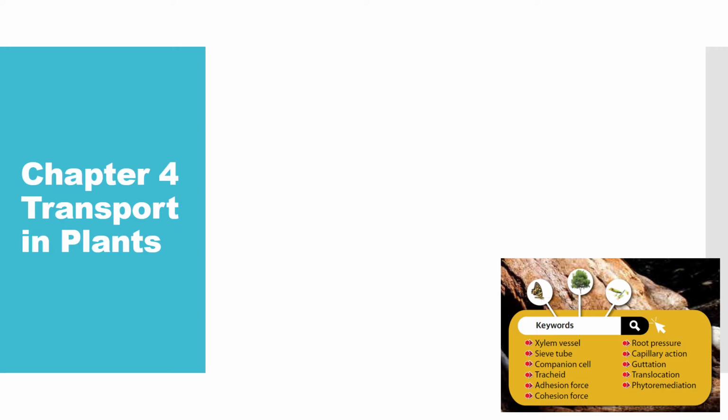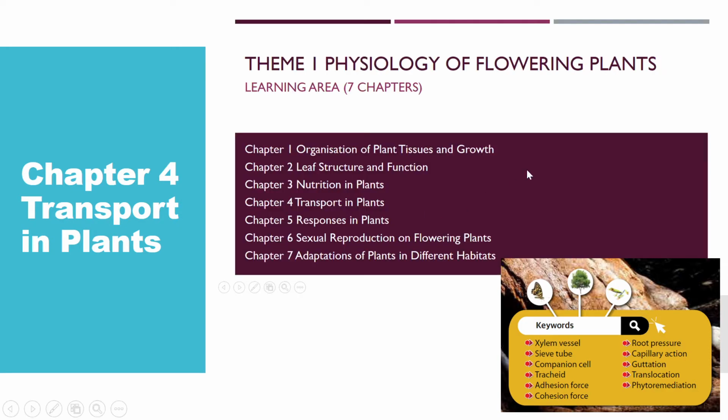Next, just to recap, we have gone through all these 3 chapters and we are at this point right now, transport in plants, and these are the essential keywords that you need to take note.